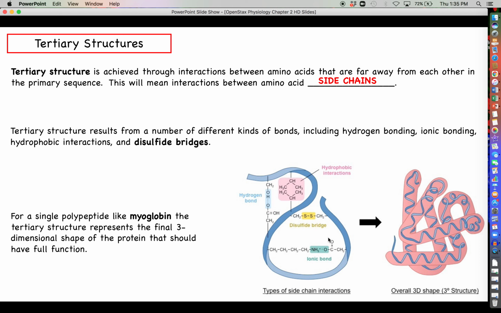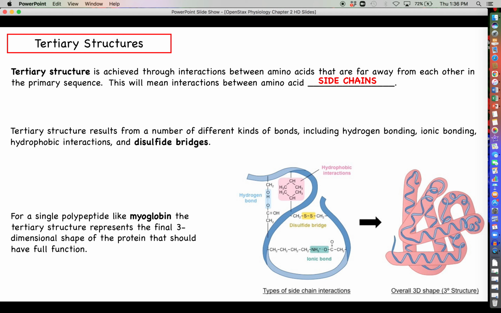So once you get your secondary structures, and then you start twisting the backbone around to get some of these side chains to interact with one another, you're going to have twisted the protein around so much that it's actually going to start taking on a discrete three-dimensional shape, as you can see here in the case of something like myoglobin, which is what this is supposed to be down here in the bottom right.